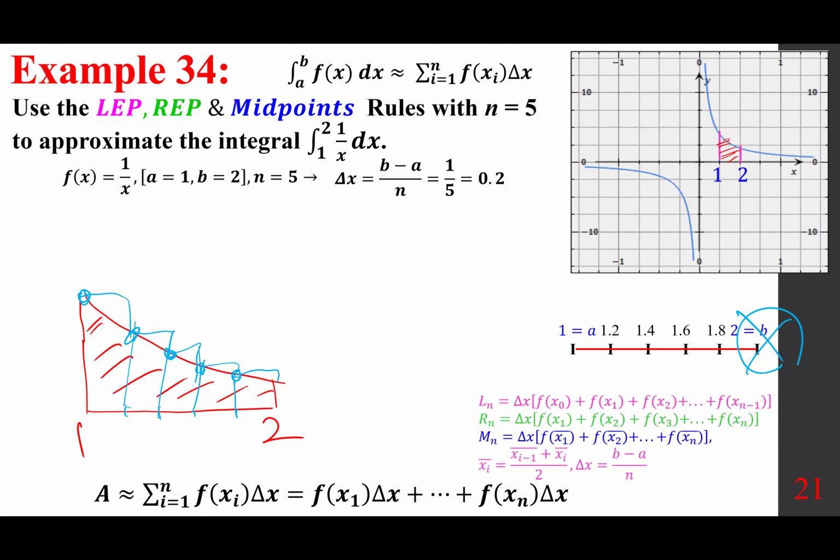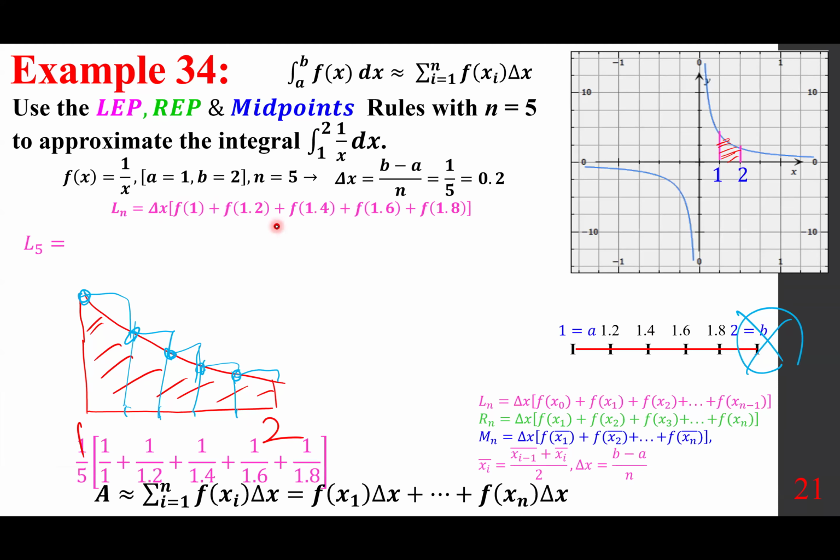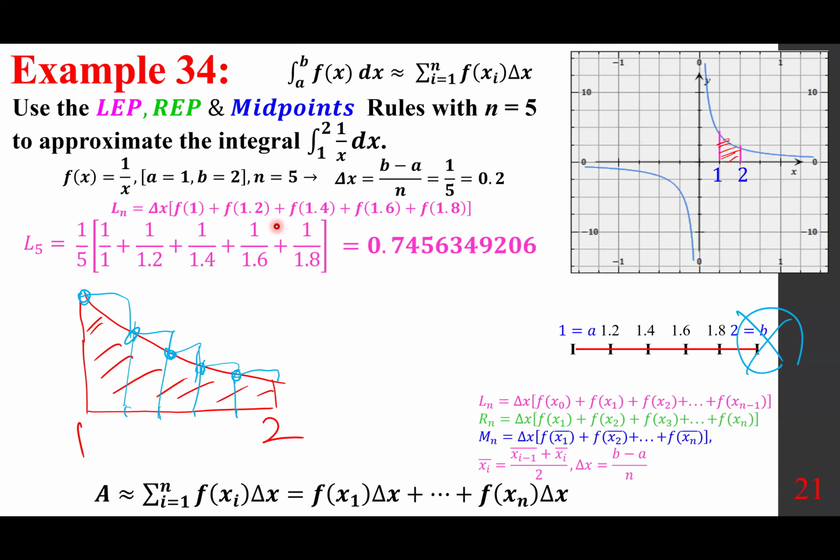So it's delta x times f of those points. So L sub 5, why L? Left endpoints. Why 5? n is 5. So delta x times f of 1 plus f of 1.2, all of them except the last one because you're using the left endpoints. Now, what is f of 1? 1 over 1. What is f of 1.2? 1 over 1.2, and so on. You calculate it, you come up with the answer here, and you're done.